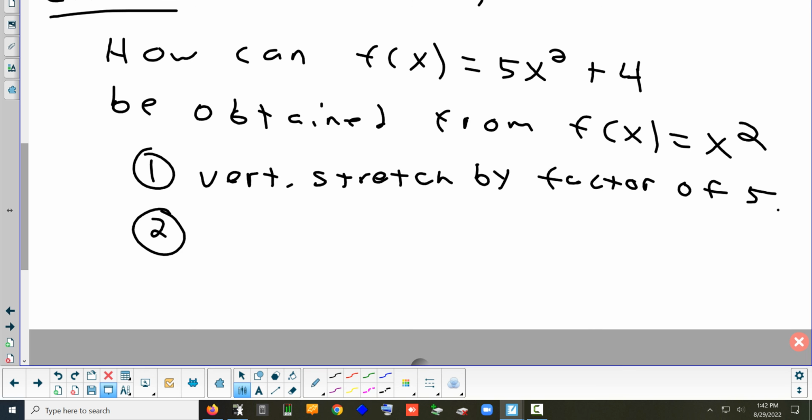No. If I had a negative 5, then I would, but there is no negative in front of it. So last thing, vertical shift. Do you have a vertical shift in this one? By how much? Up 4. So shift up 4. That's all you need to write.